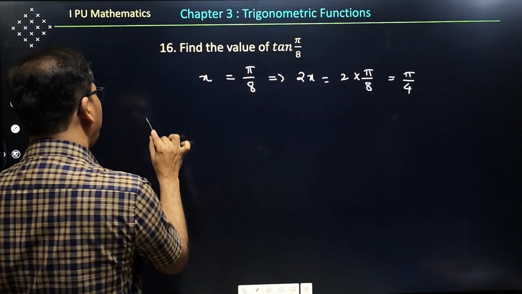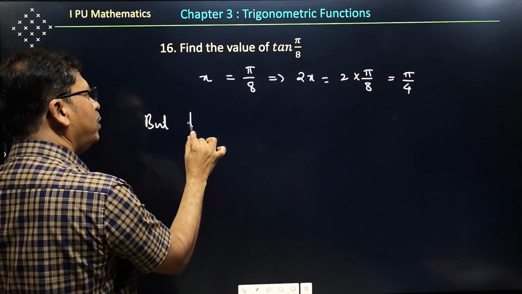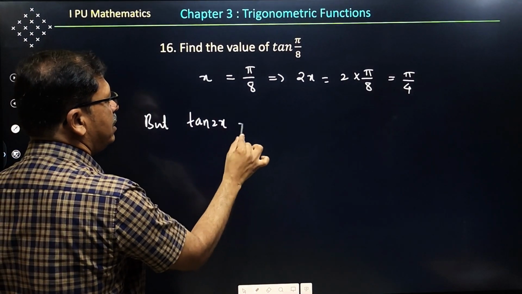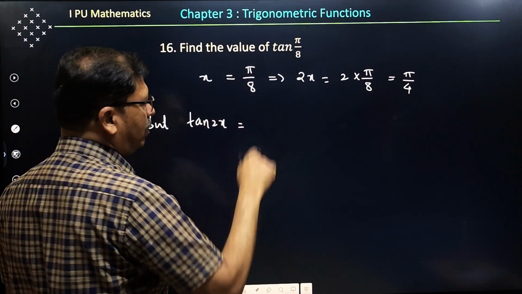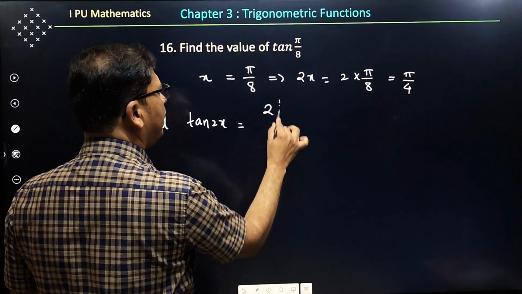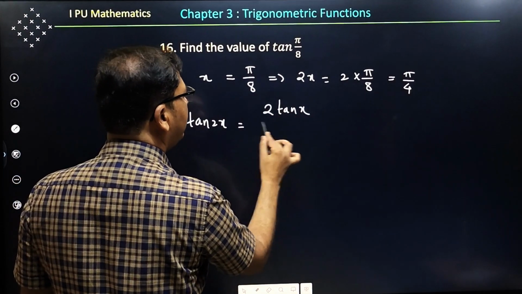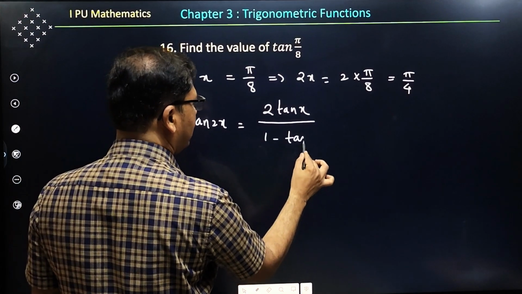But we have the result for tan 2x. See, 2x equal to pi by 4 we have. So tan 2x is equal to, by the multiple angle property, 2 tan x divided by 1 minus tan square x.